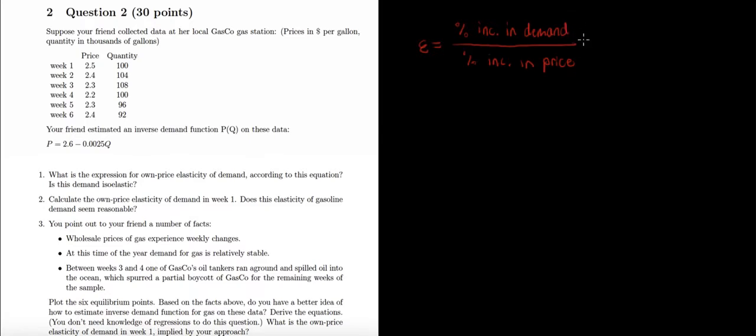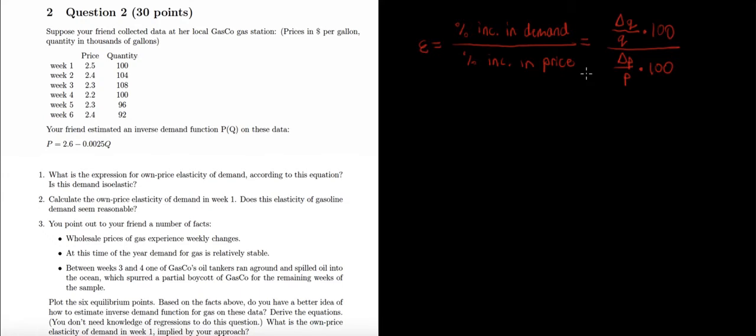Well, how do we calculate the percentage increase in demand? It's the delta Q, the change in demand, divided by the demand, that's the percentage change in demand, times 100. And then we divide this by the percentage increase in price. So this is delta P over P times 100.